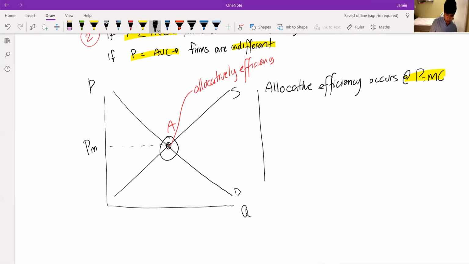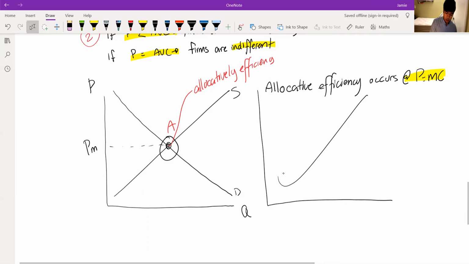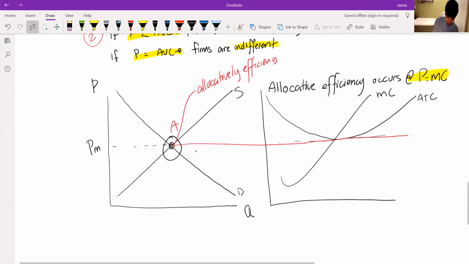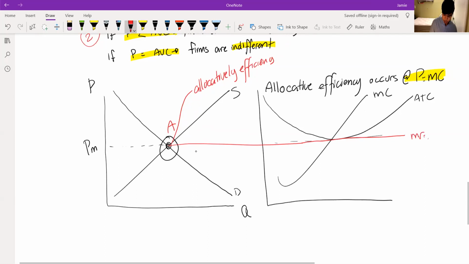Well, because at this equilibrium, because it is assumed that firms earn a profit of 0 in the long run, marginal revenue equals average revenue, which is equal to demand.